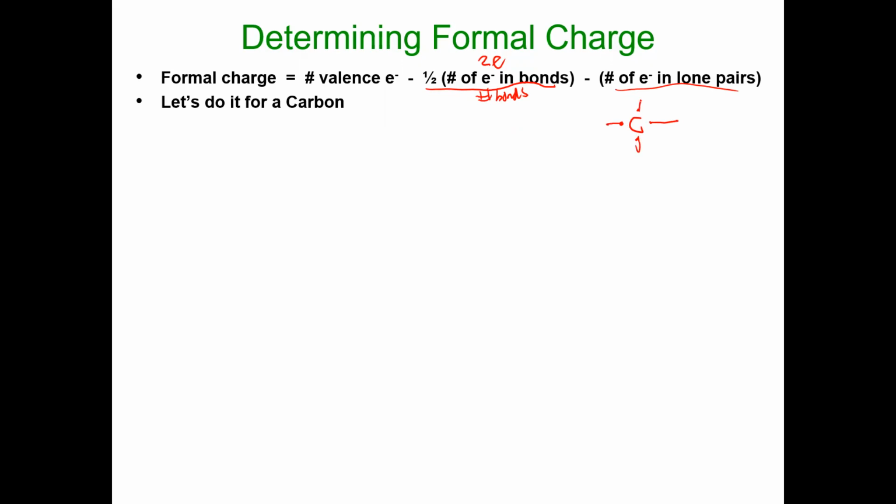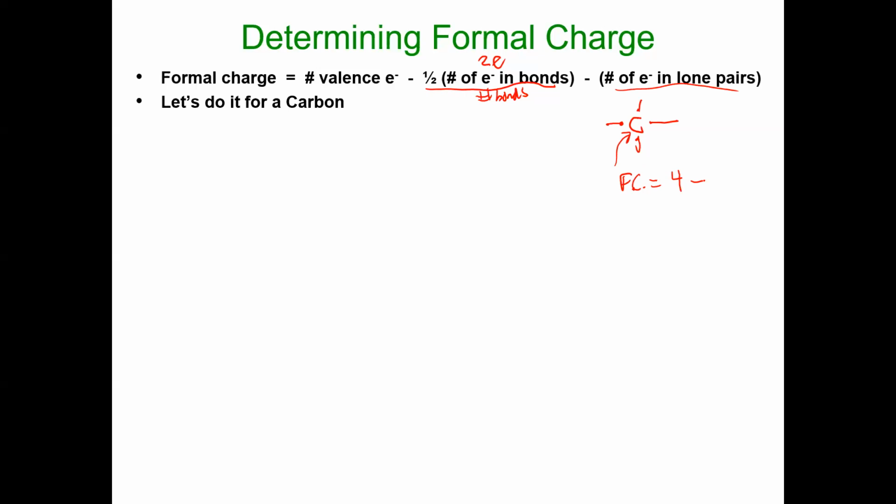Okay, so if we follow these rules for determining formal charge of a carbon, for this central atom, we'll say, well, how many valence electrons does it have? Well, it had 4. That's why we drew 4 dots, and that's because it's in group 4A. And then we're going to subtract the number of electrons in bonds divided by 2.